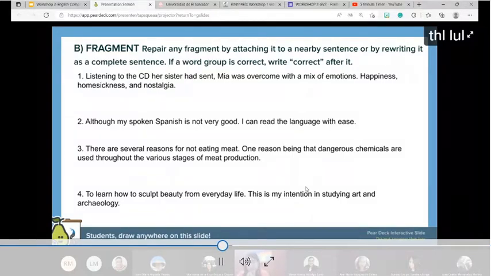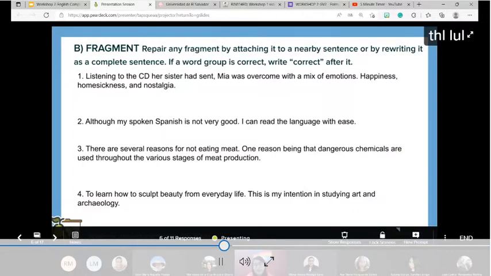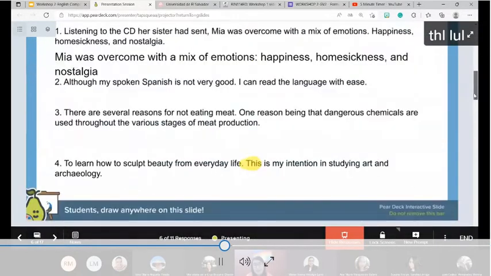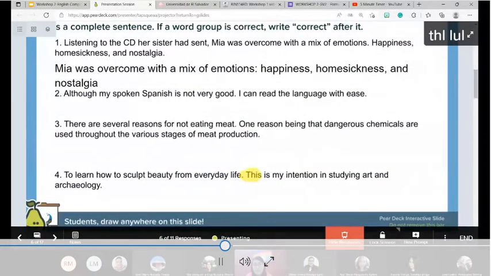So there's not a clear picture of what a fragment is. Okay, let's show the responses, and we are going to see what those fragments are.